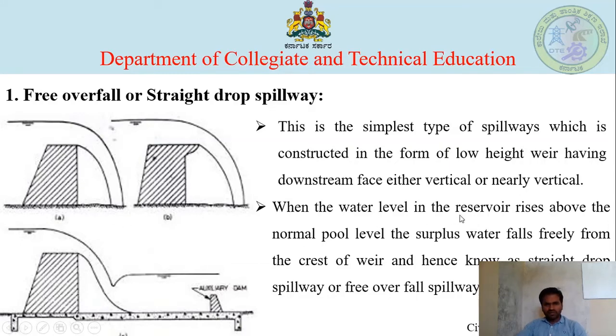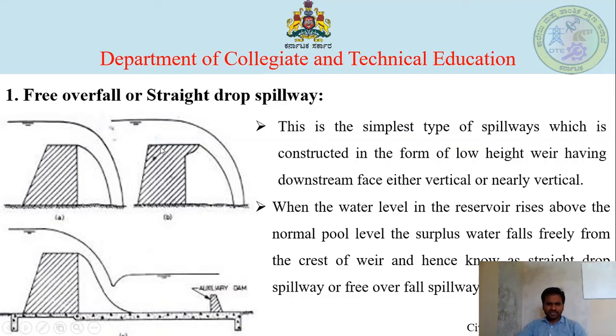When the water level in the reservoir rises above the normal pool level, the surface water falls freely from the crest of the weir and hence is known as a straight drop spillway or free fall spillway. This is shown in figure A.